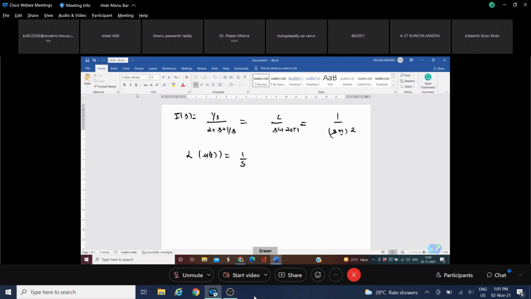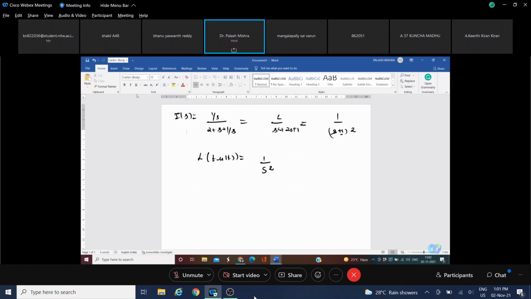just a minute. What is the Laplace transform of t times ut? Please tell me. The Laplace transform of t times ut is 1 upon s squared.